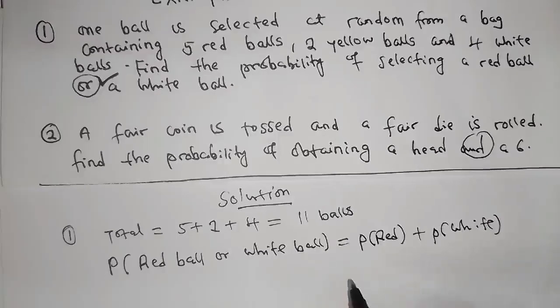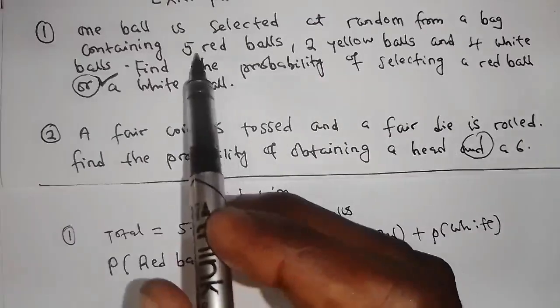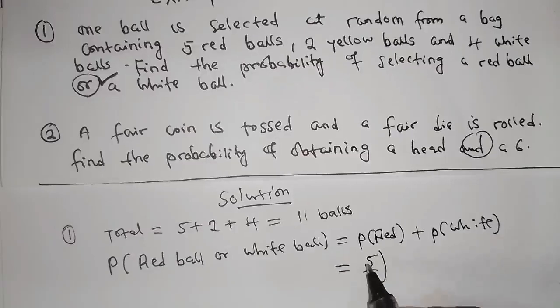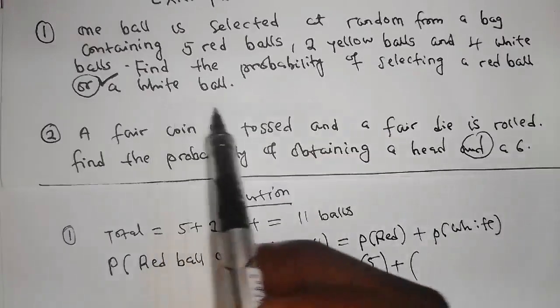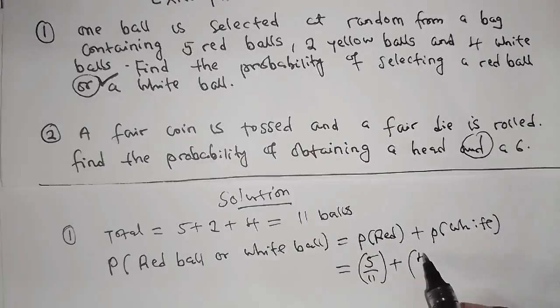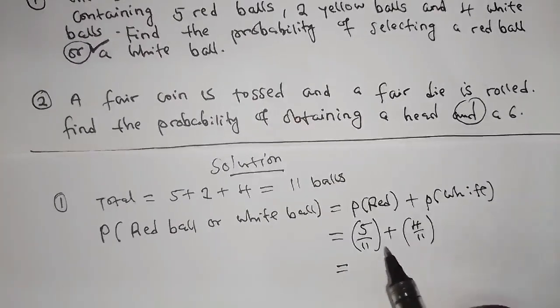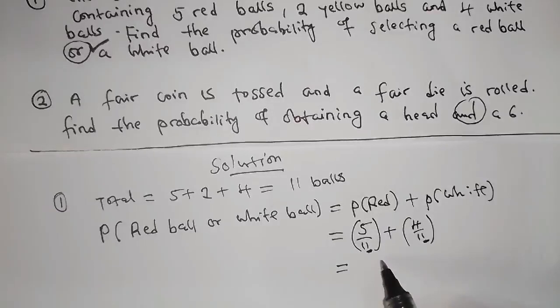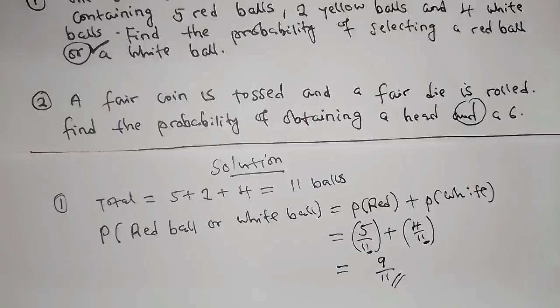When you go back to the question, those that are red are 5, so 5 out of the total 11, and then we add. Those that are white are 4, so 4 out of 11. Since the denominators are the same, you just go direct: 5 plus 4 is 9, over 11. So that is the answer.